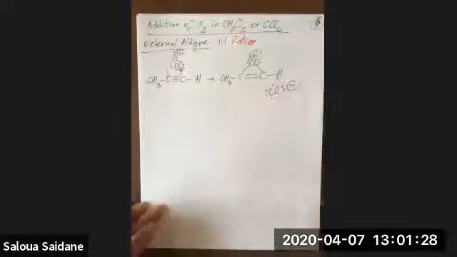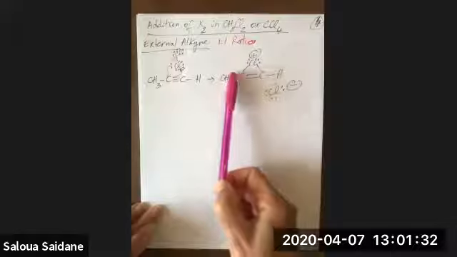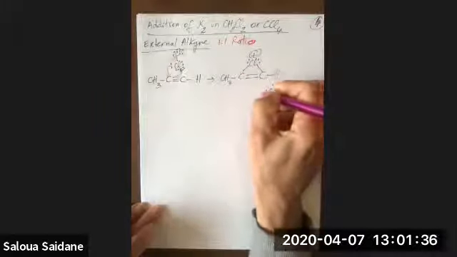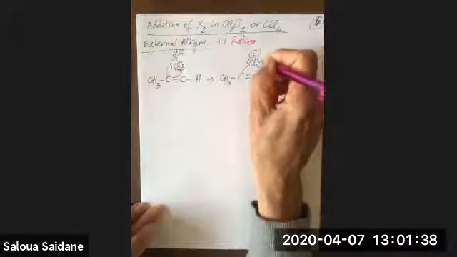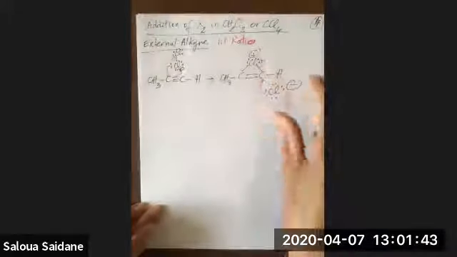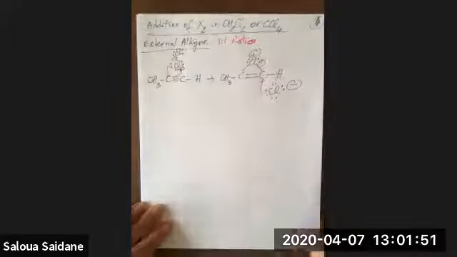the Cl minus will add. It really doesn't matter if it adds to the left or to the right because we have the 2 chlorines here. So if I add it on this side, this opens. Or if I add it on that side, the other one opens. But in the end, we're going to end up with a pi bond, but it's going to be a trans, no matter what.